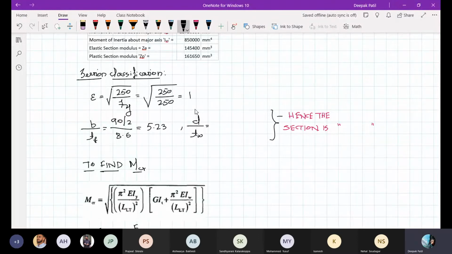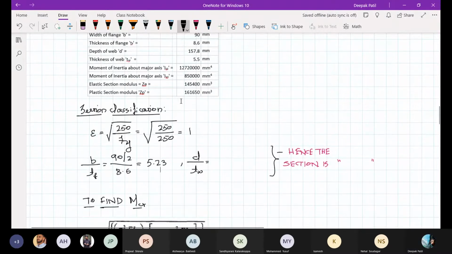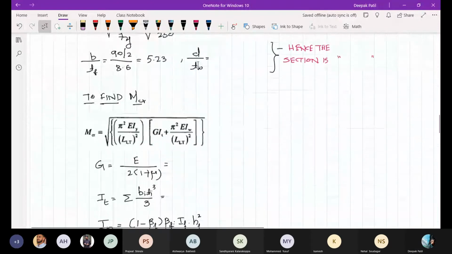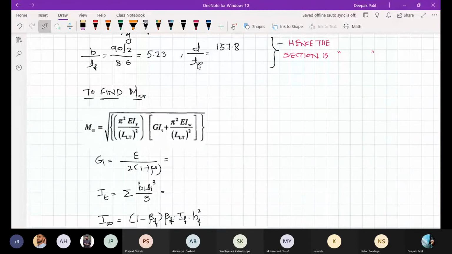Then d by tw, where d is the depth of web, which is 157.8, divided by the thickness of web, which is 5.5. This comes out to be almost 25.05.